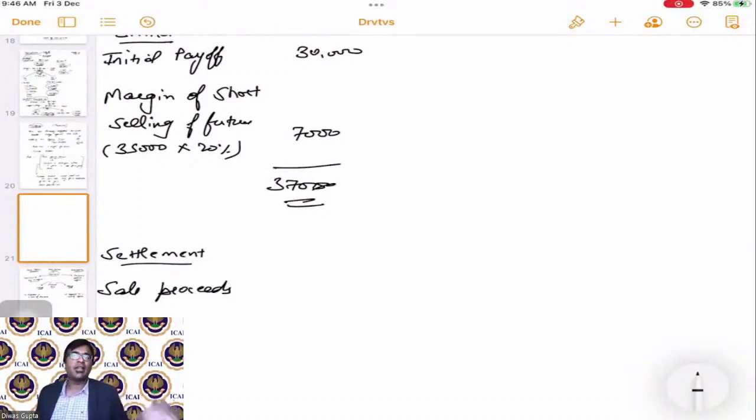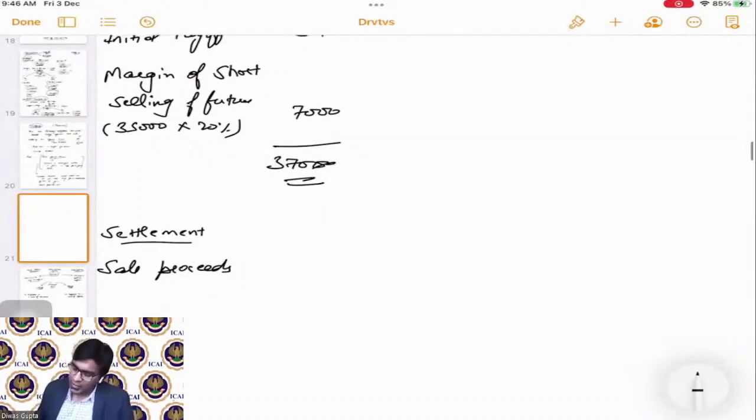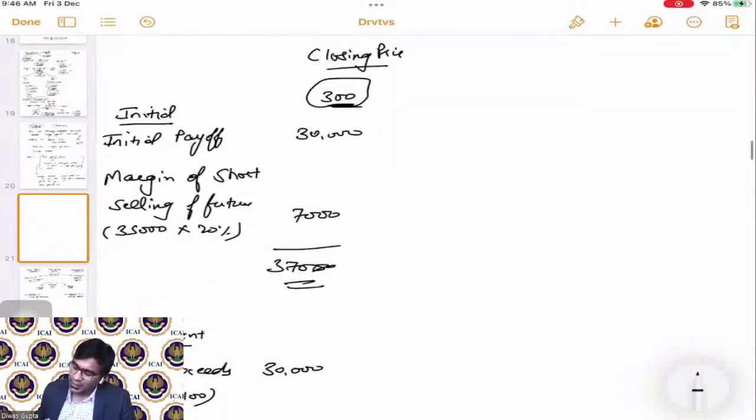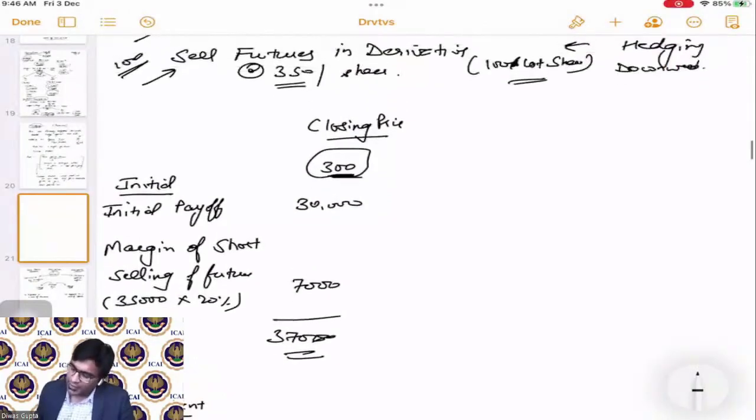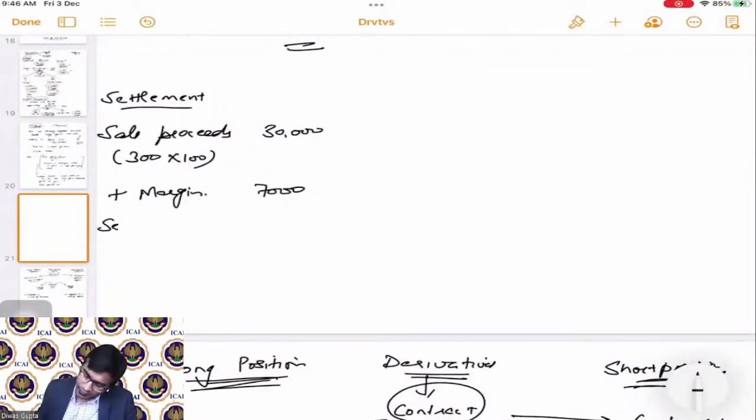That is where the hedging is, right? So sale proceeds you will get as 30,000, 300 into 100, correct? Plus the margin also you will get back, 7,000. And what is the net settlement on this futures? You purchased it for how much? Settlement on futures.